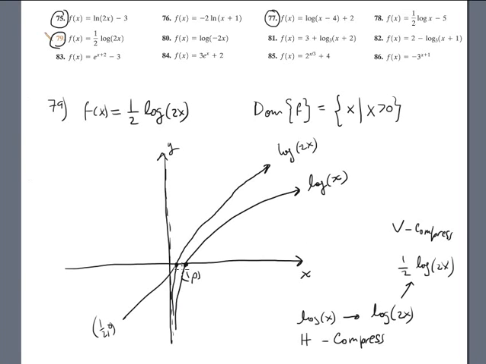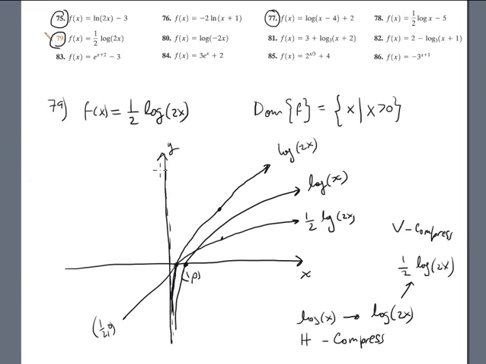For example, this point stays the same, because it's 0, and 0 divided by 2 is 0, but every other point is divided by 2. So this transformation occurs. This is 1/2 logarithm of 2x.